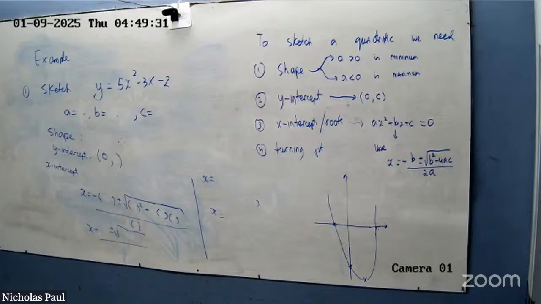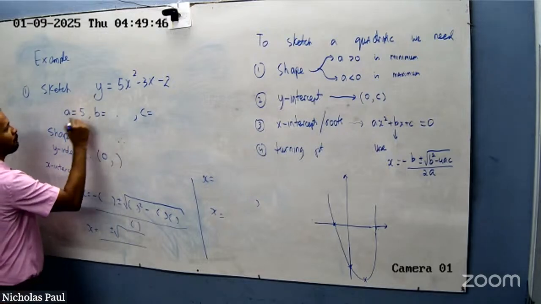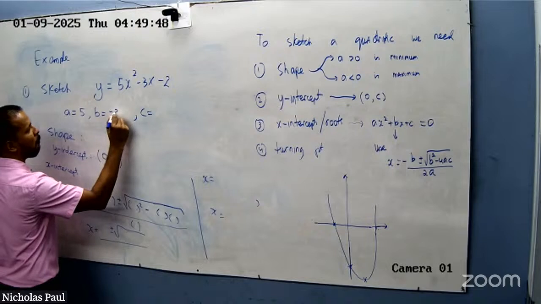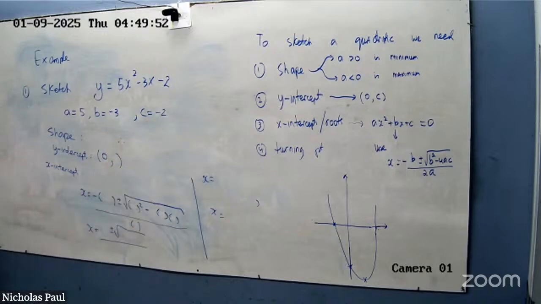What is minus 3 squared, earlier? Minus 3 squared is positive 9. Okay? All okay with that?